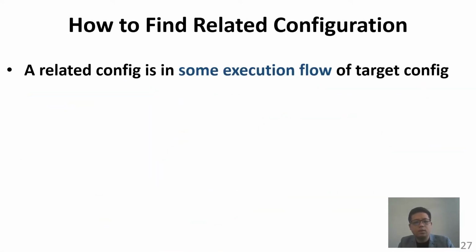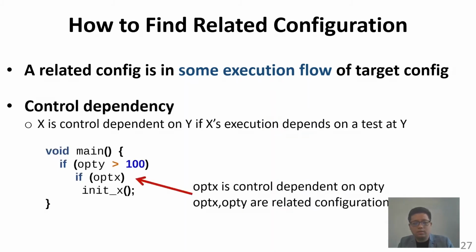A related configuration is a configuration whose usage point is in some execution flow of the target configuration. This definition is similar to the control dependency relationship, in which X is control dependent on Y if X's execution depends on a test of Y. Thus, we can detect the related configuration by finding the control dependency first.